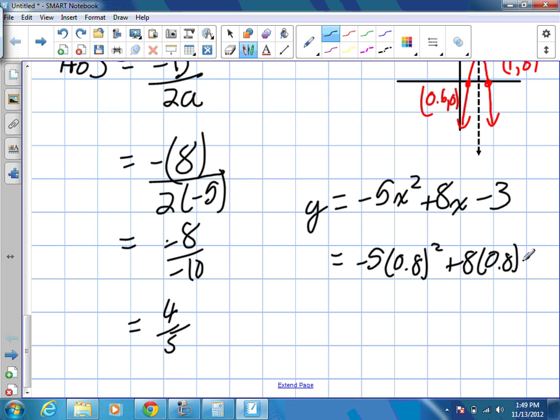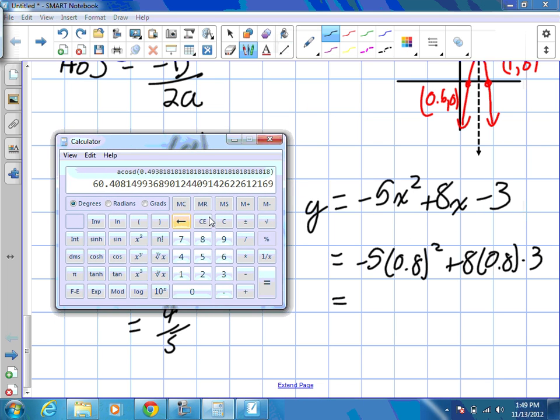Use our calculator here quickly. Negative 5 times bracket 0.8 squared plus bracket 8 times 0.8 in bracket minus 3, okay, is equal to negative 20.2.